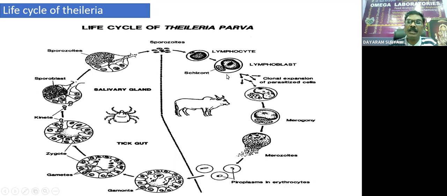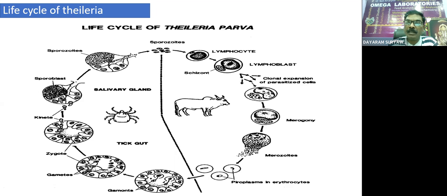From lymphocytes, they will convert into schizonts. Once the lymphocyte gets infected, a lymphoblast will be developed, and there is cloning, or the progenies of the lymphocytes will be released, and that leads to merogony. From merogony, merozoites are released, and these merozoites will infect the RBCs.